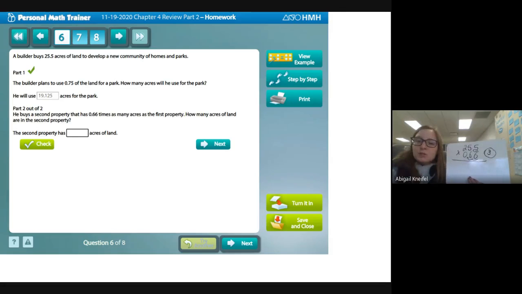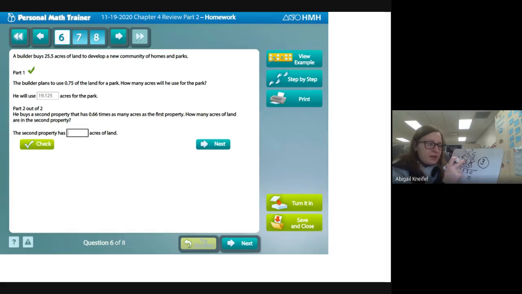But we know the first property had 25.5, okay? 6 times 5 is 30. Carry my 3. 6 times 5 is 30, plus 3 is 33. Carry. 6 times 2 is 12, plus 3 is 15. The first 6 is done, okay?